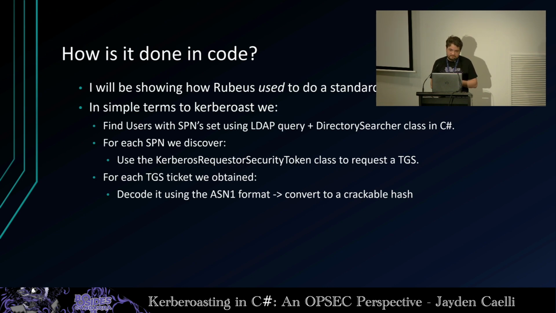What we do is request a TGS using another built-in C# class called the KerberosRequestorSecurityToken. With that, we decode the ticket inside of it, which is encoded in the ASN.1 format, then do some weird math, picking out different pieces to put into a nice format that we can pass on to Hashcat.